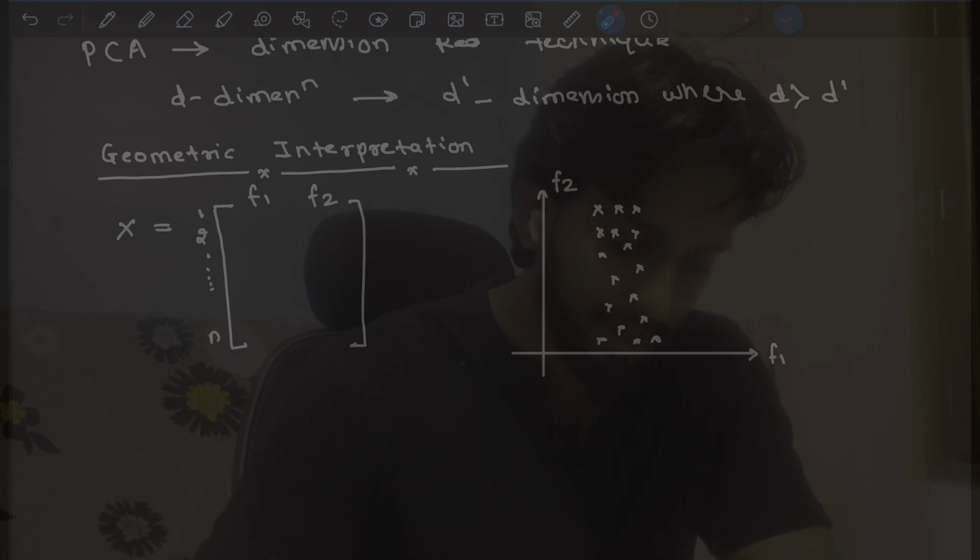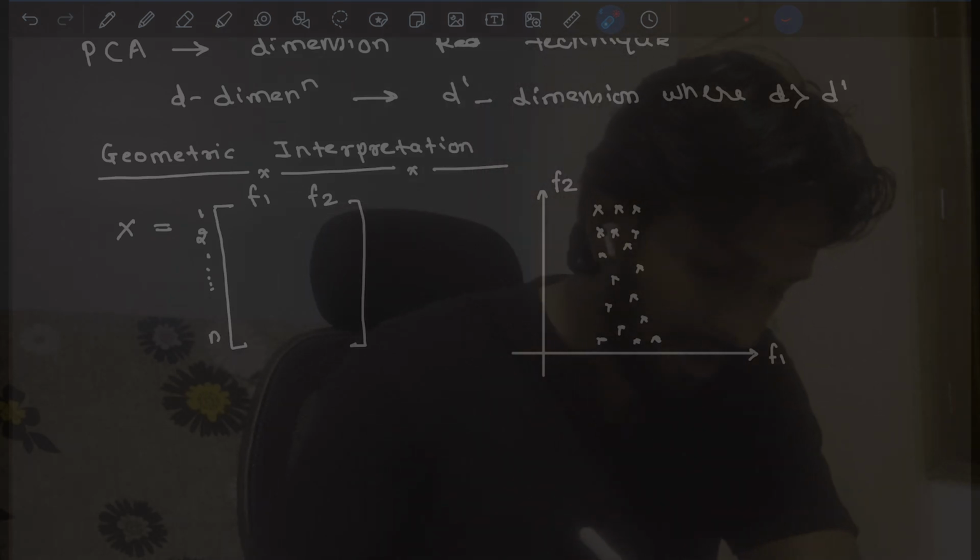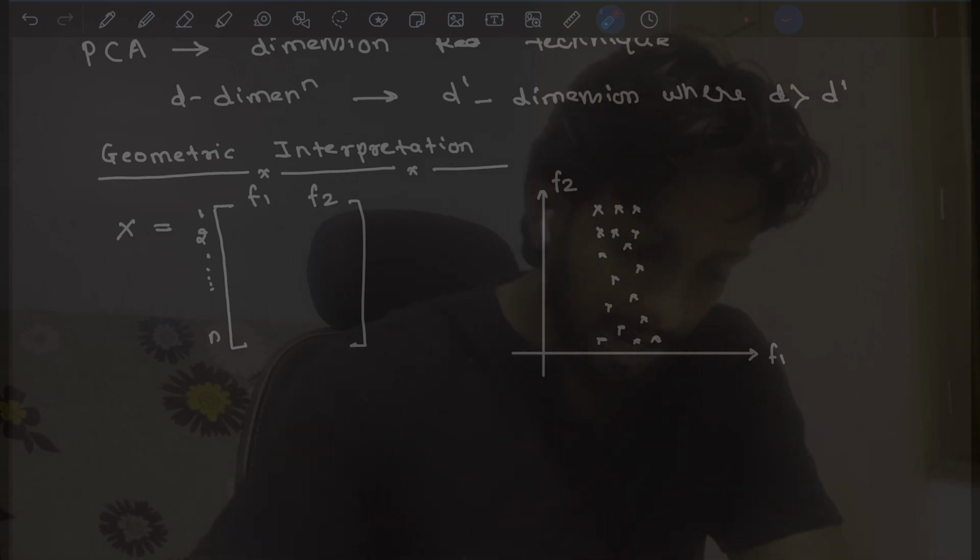Let's talk about geometric interpretations. So let's say if I have one data x which have n data points and have two features f1 and f2, and its scatter plot looks something like this, right? Now if for some reason we have to drop one feature out of feature f1 and f2, so we have to answer these two questions.